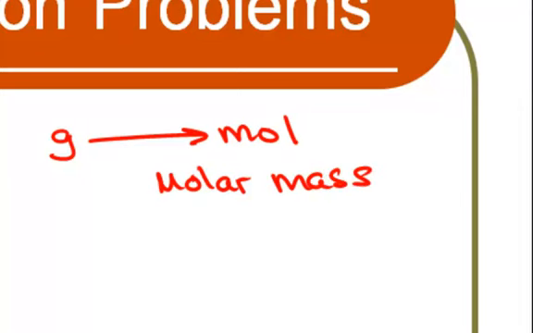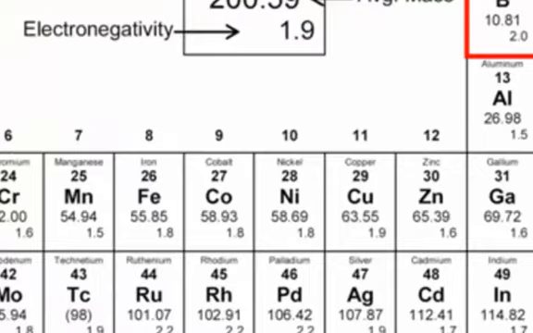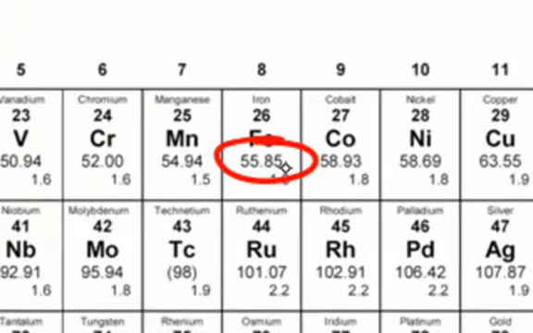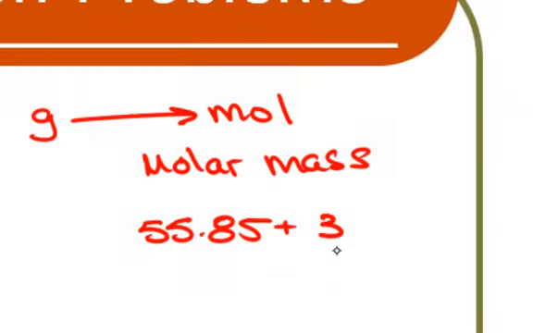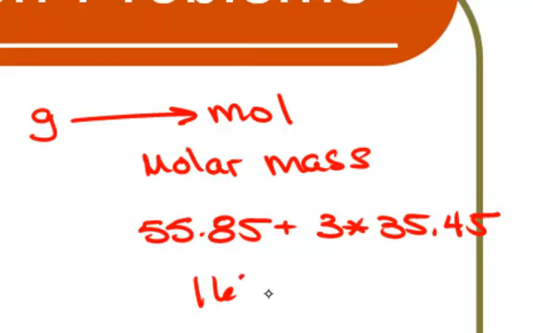The molar mass of iron 3 chloride: iron has a mass of 55.85 plus 3 atoms of chlorine at 35.45. This gives us a molar mass of 162.2 grams per mole.